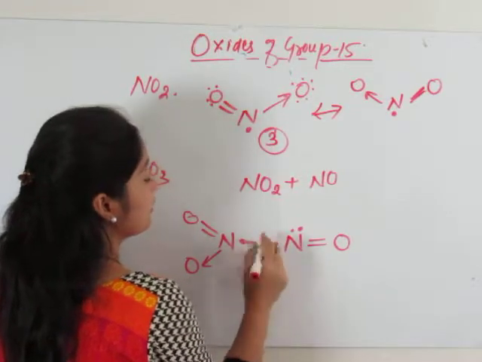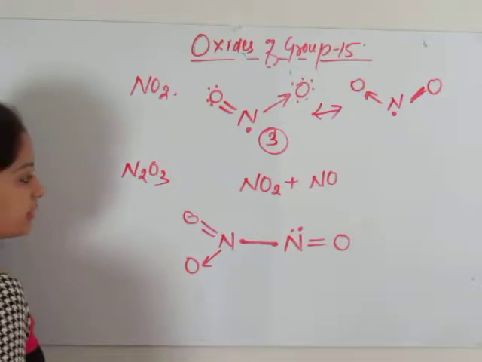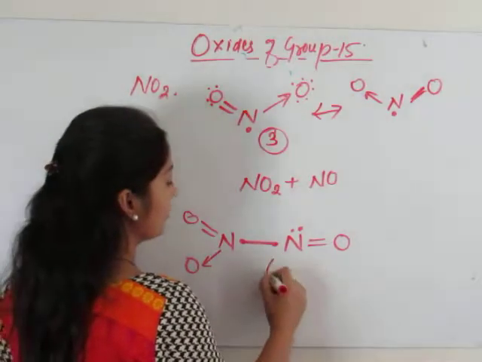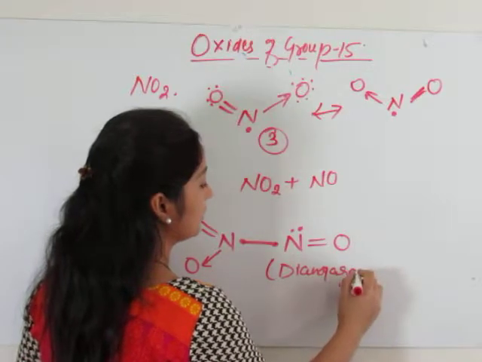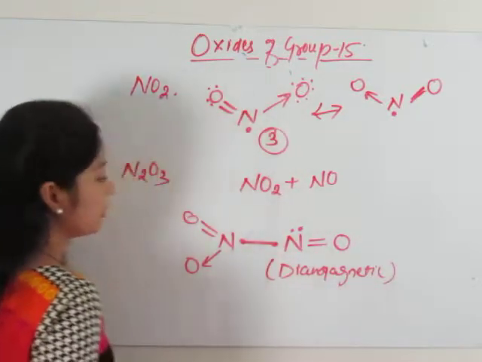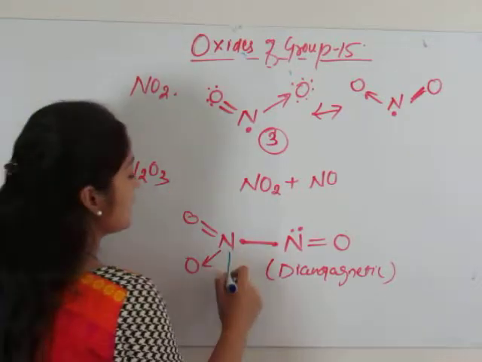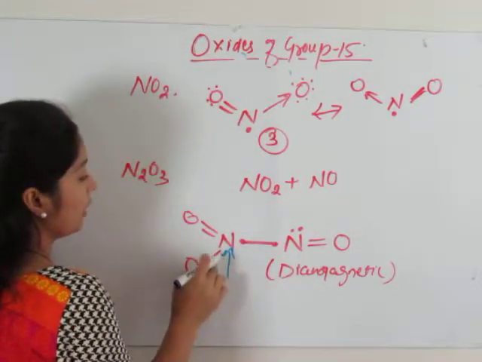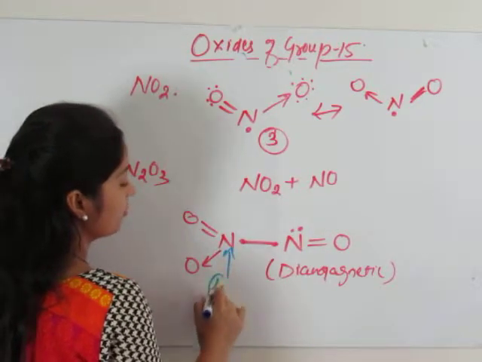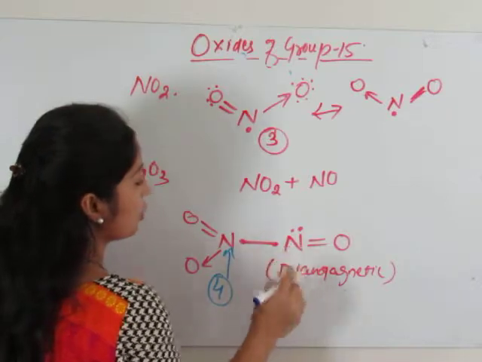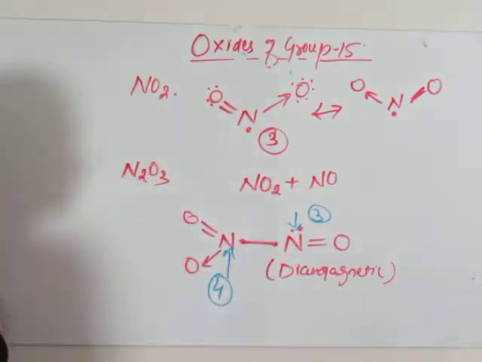So these unpaired or odd electrons will form the bond, and here in this case it will be diamagnetic. और अगर हम इसमें नाइट्रोजन की कोवेलेंसीज की बात करें, इस वाले नाइट्रोजन की आपकी कोवेलेंसी है 1, 2, 3 and 4. 4 bonds are formed and in this case कोवेलेंसी है आपकी 3, right.